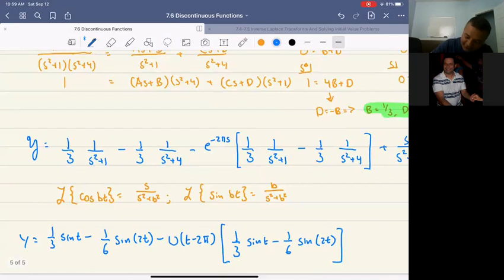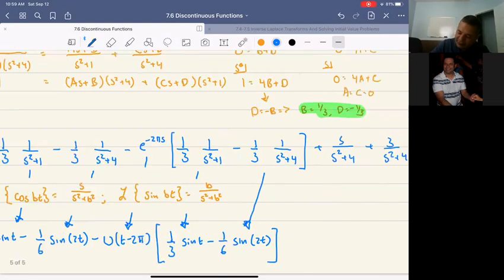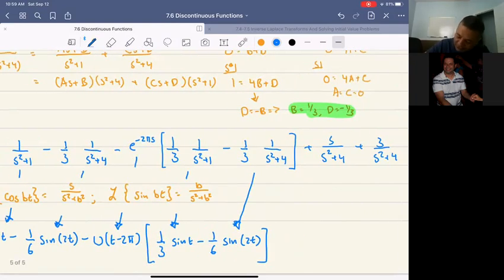So this is going with this one. This one goes here. That's the shift piece. This one goes there. And then we still have these last two. This one's plus, that's going to be cosine 2t.